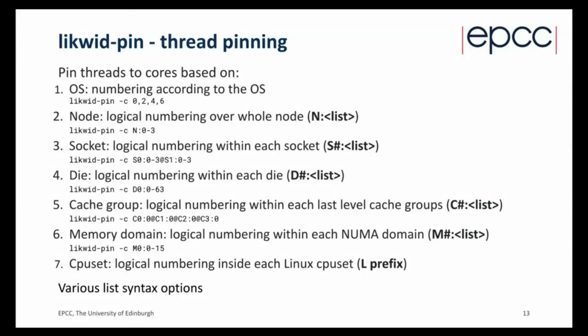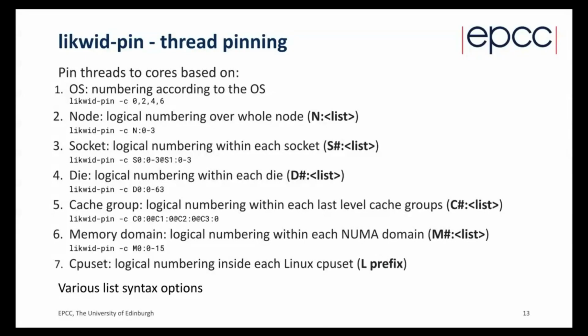Threads can be pinned based on being assigned to lists of cores specified as a sequence of individual core IDs, which might be numbered according to whatever the OS thinks they are. They can follow either individual IDs or range notation, ranges of cores based on them belonging to a domain.